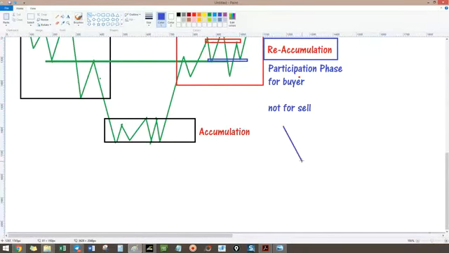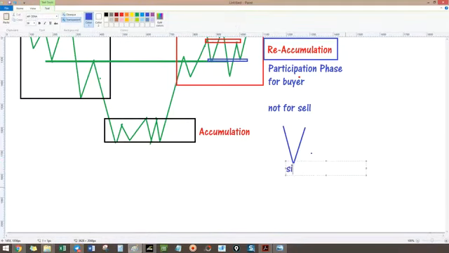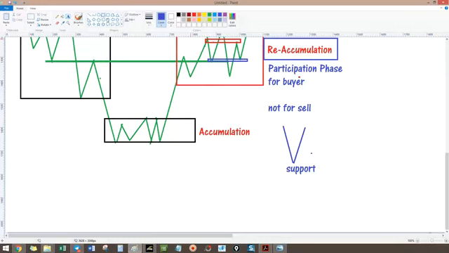Okay, when a structure breaks like this, so you have a support. When it is broken, you have a level here. When it is broken, what it does, it will do another base here like this.